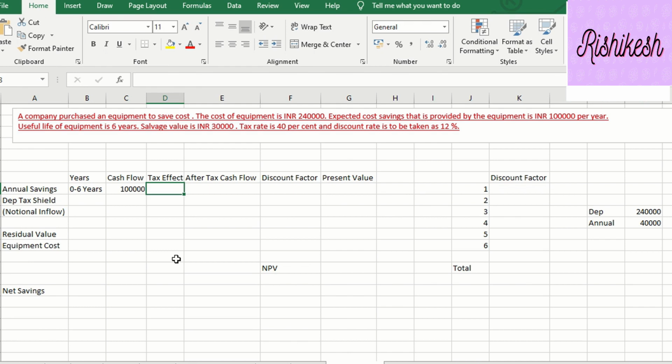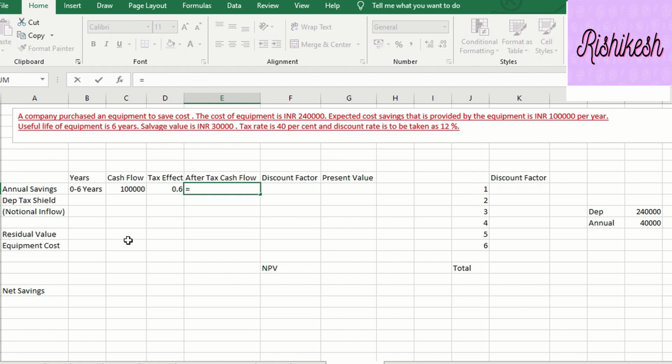Because 40% of the part is what you're going to give out as tax, the remaining with you will be only 0.6. So what will be the after-tax cash flow? After-tax cash flow will be nothing but 1 lakh multiplied by 0.6. That comes out to be 60,000. So 60,000 is your after-tax cash flow every year.